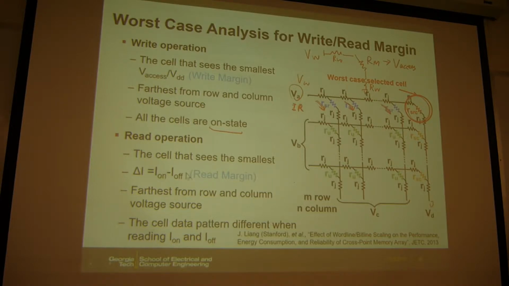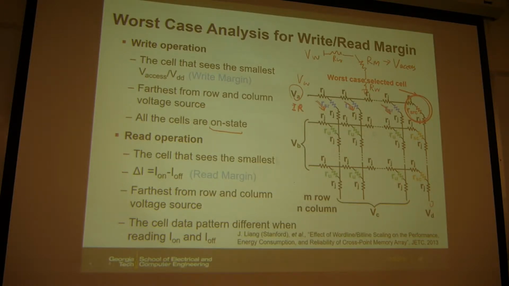And for the read operation, it's a little bit more tricky. You also need to consider the worst case. First, where is the location of the cell? Still, the cell at this corner, farthest from the voltage supply or the ground, will be the worst case.